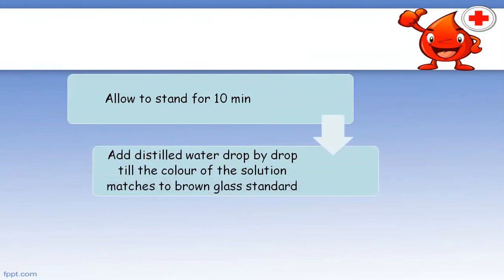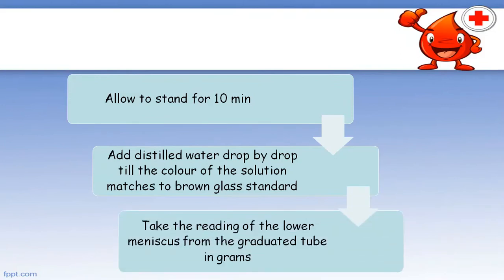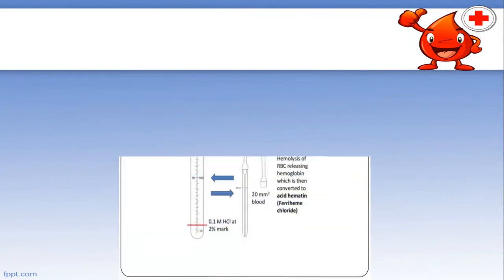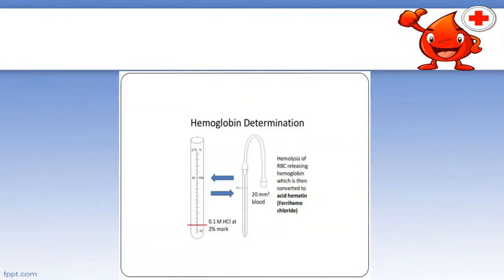After the 10 minutes, add distilled water drop by drop till the color of the solution matches the brown glass standard. Take the reading of the lower meniscus from the graduated tube in grams. Now take the blood up to the 20 mark and the 0.1 molar HCl at the 2% mark.